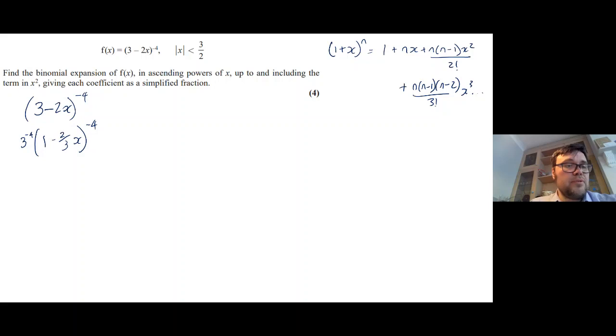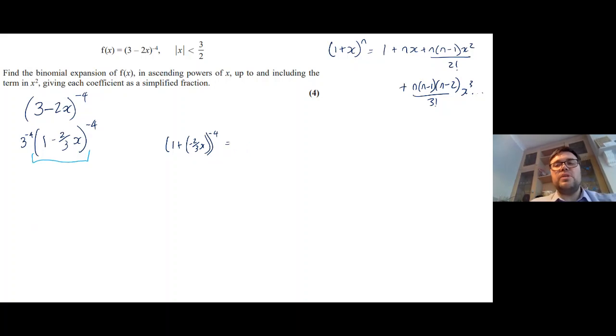Now you can put 3 to the minus 4 straight in the calculator, and that'll give you an answer of 1 over 81. So we are going to expand this, and then multiply all of it by 1 over 81. Let me move this over to the other side: the expansion of 1 minus 2/3 x to the power of minus 4.